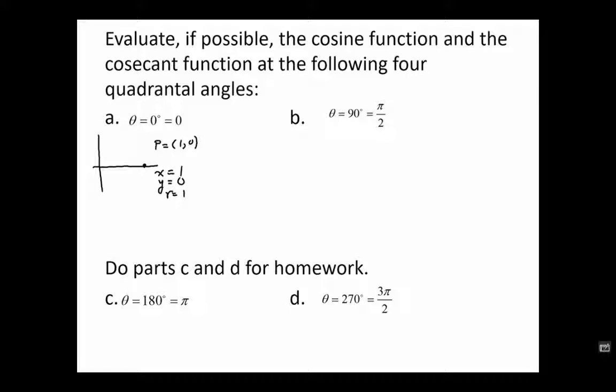If we apply the definitions now, the cosine of theta, or 0 degrees, which is the same in radians, the cosine of 0, is defined as x divided by r. X is 1, r is 1, so the cosine of 0 degrees is 1.